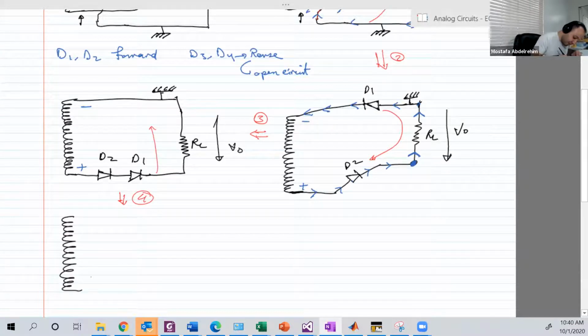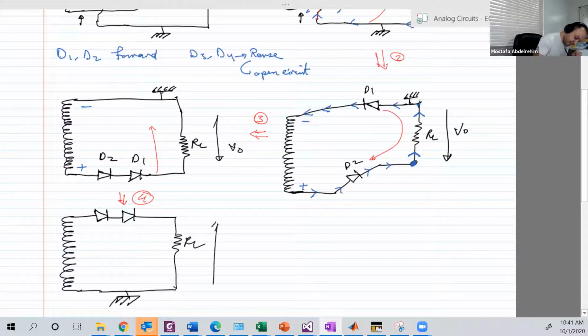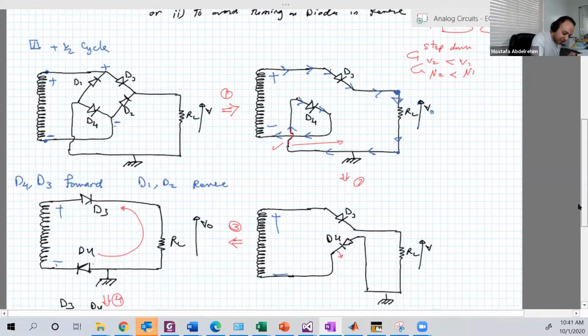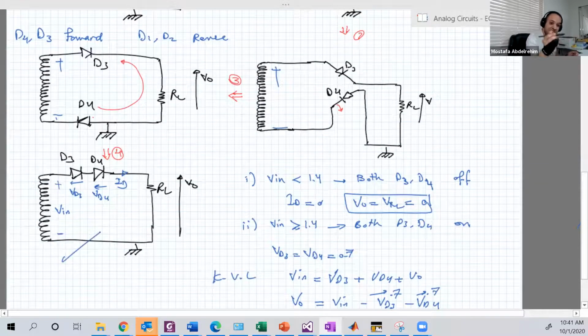So the positive will be up, and the negative will be down. And let's now compare this one, which we just got from the negative half cycle, with the other one, which we have in the positive half cycle. They are exactly the same. So they will have exactly the same output as well.